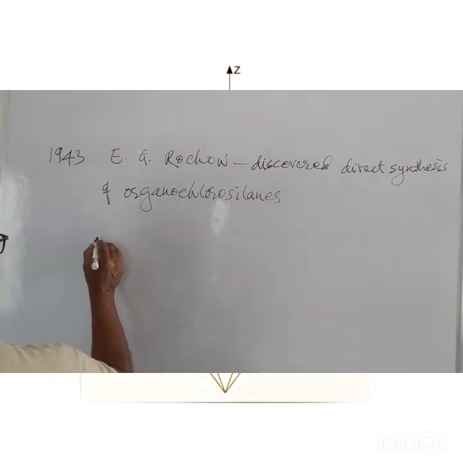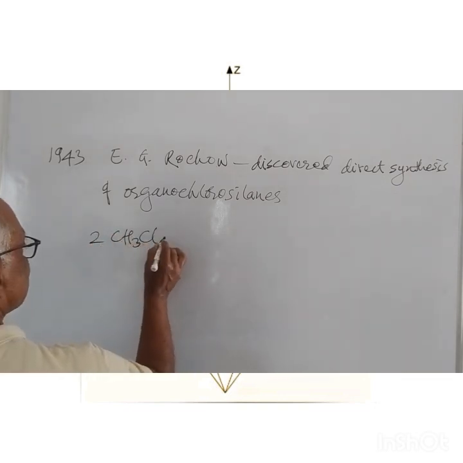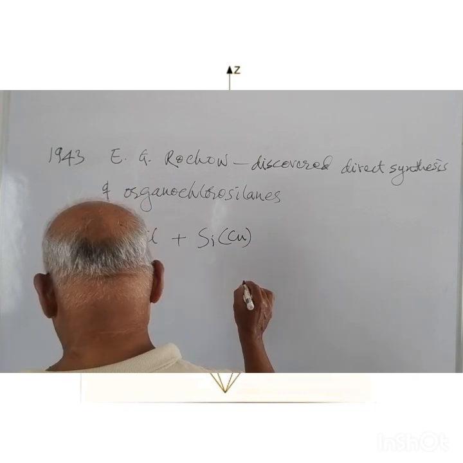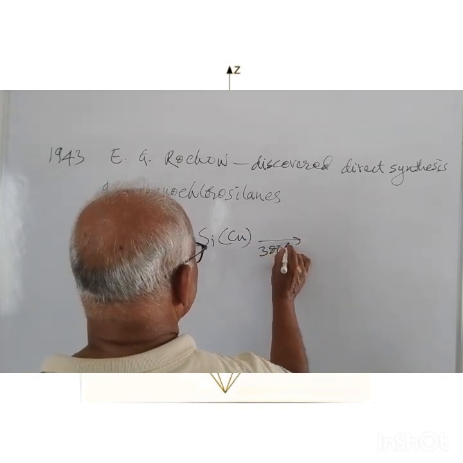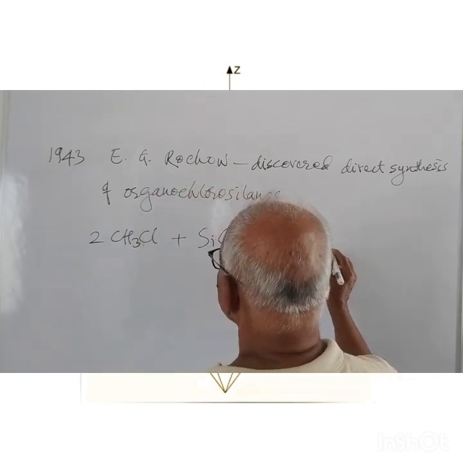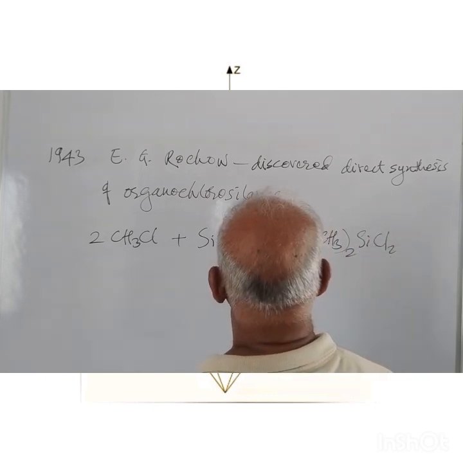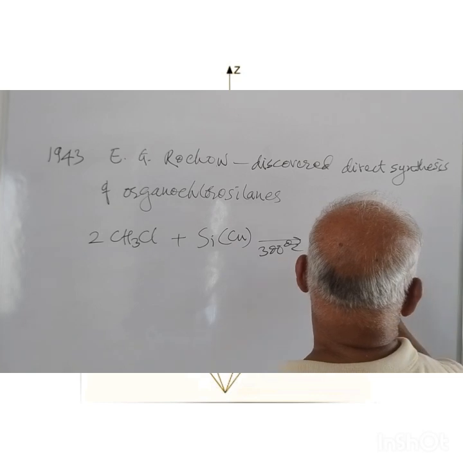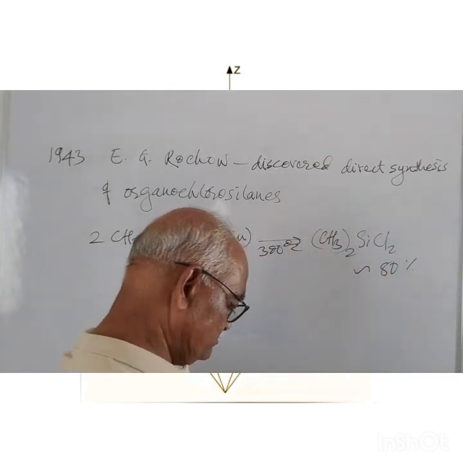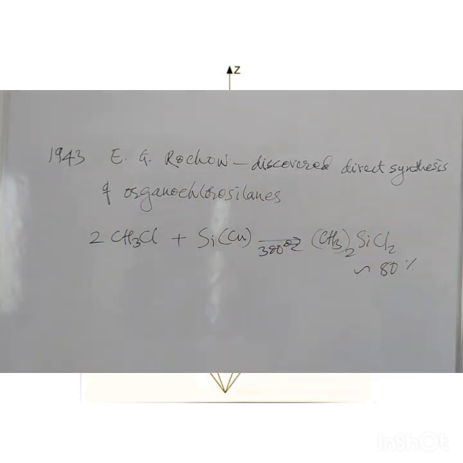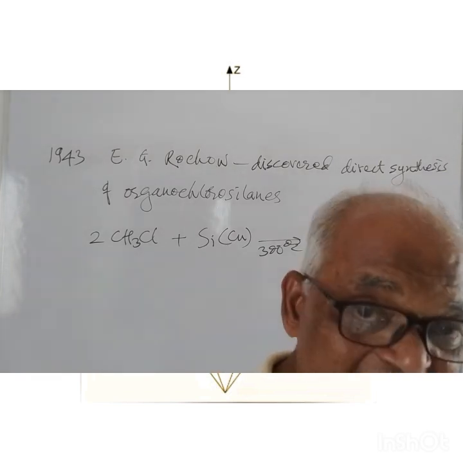For example, 2 CH3Cl plus silicon with copper at 300 degrees centigrade gave (CH3)2SiCl2. The yield was about 70%. Additional products like (CH3)3SiCl or CH3SiCl3 are also simultaneously present, but in small proportion.